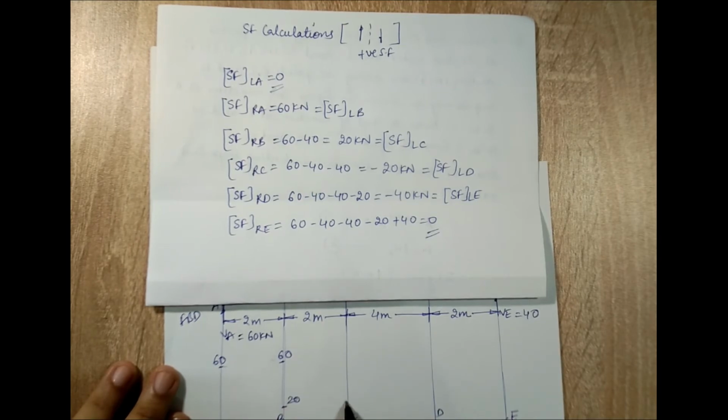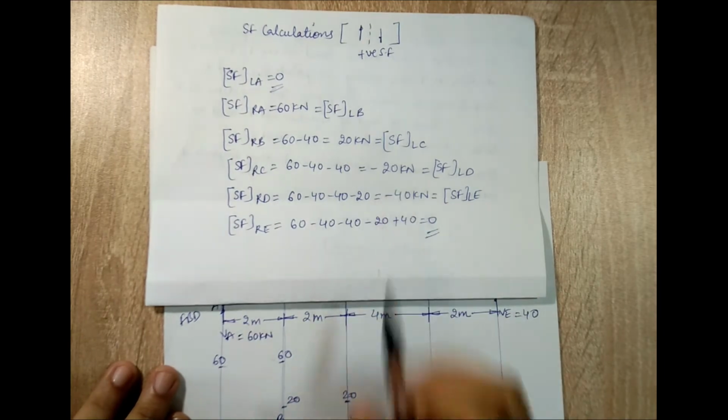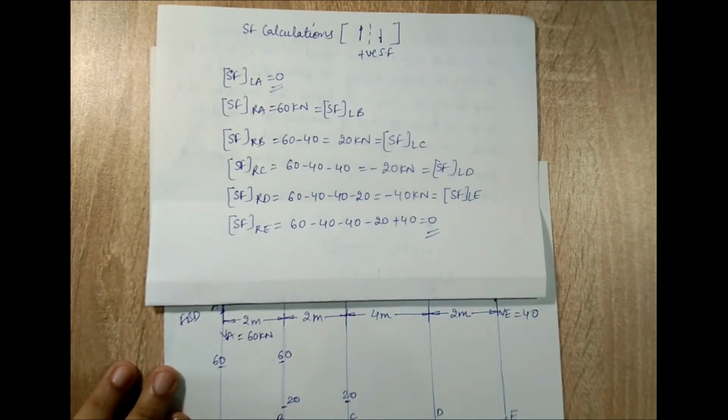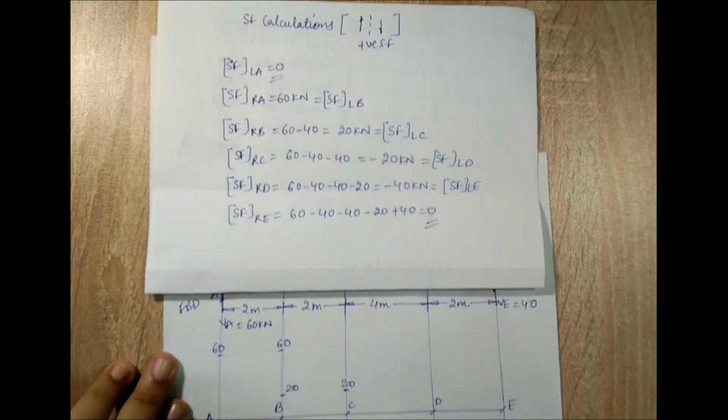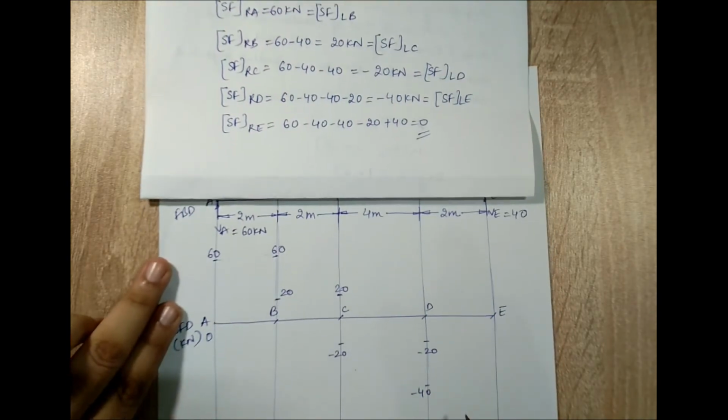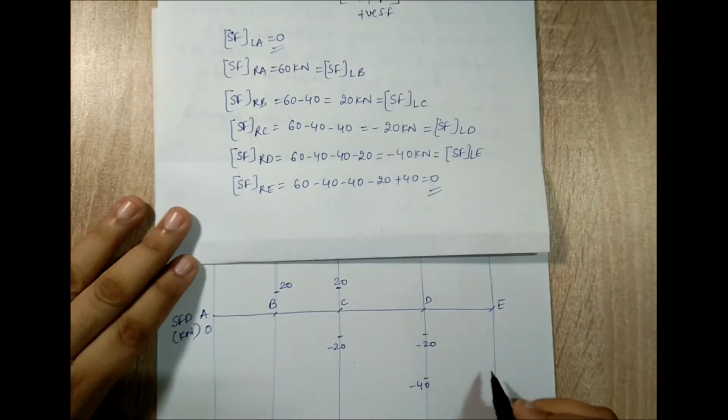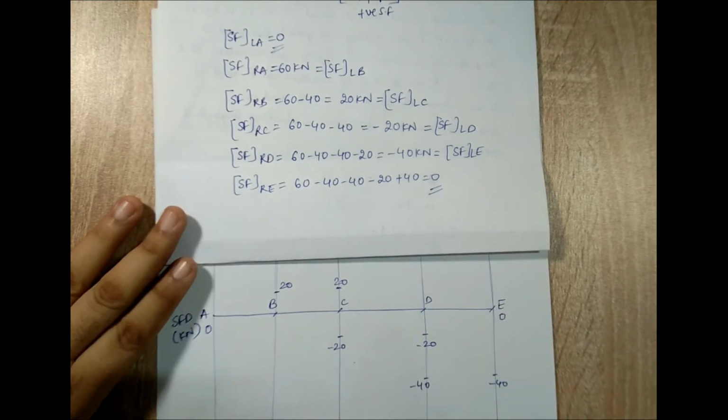Left of C also has 20. Right of C is minus 20. Left of D is again minus 20. Right of D is minus 40. The value for the left of E is minus 40 and the value for the right of E is 0.